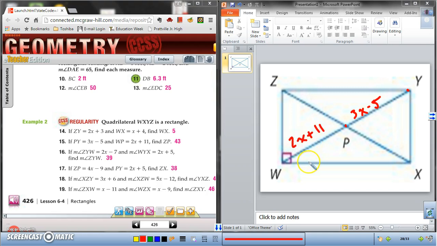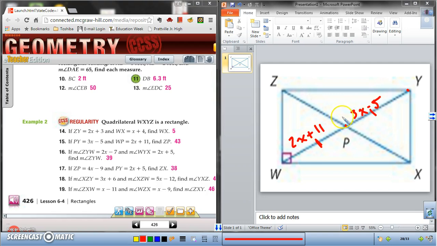And then I'm asked to find ZP. Well, first of all, you have to know that these two measures, the 3x minus 5 and the 2x plus 11, are congruent. I know this because this is a property of a parallelogram, and a rectangle is a parallelogram. So this is the relationship that's going to allow me to solve for x.